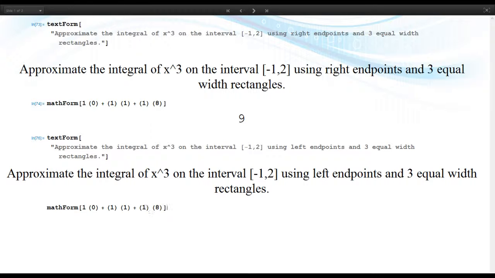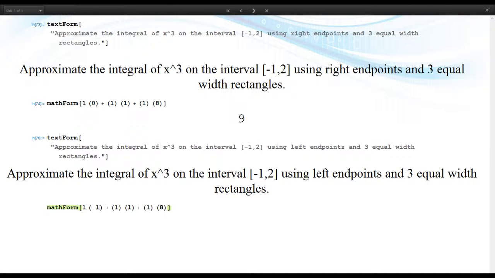But the heights are going to change. Now, instead of using the right endpoint of each rectangle, we're going to use the left endpoint of the bottom of each rectangle. So the first rectangle is going to have a height of -1 cubed, which is -1. Remember, going down counts as negative height for us.